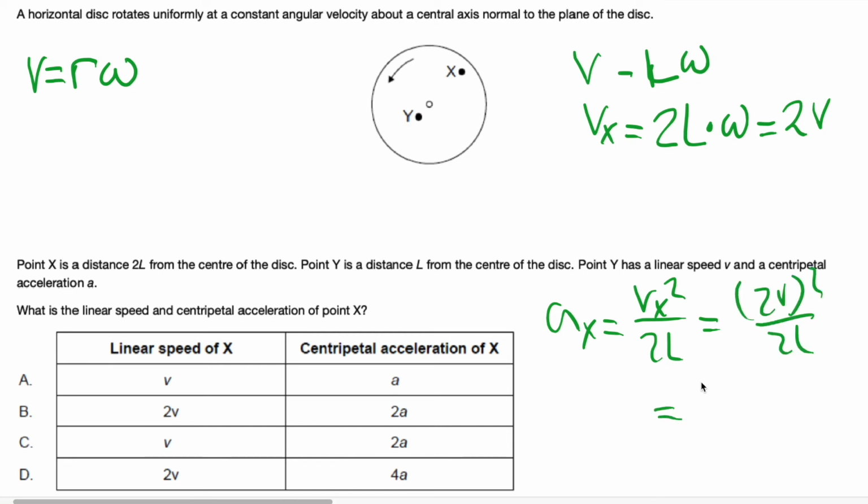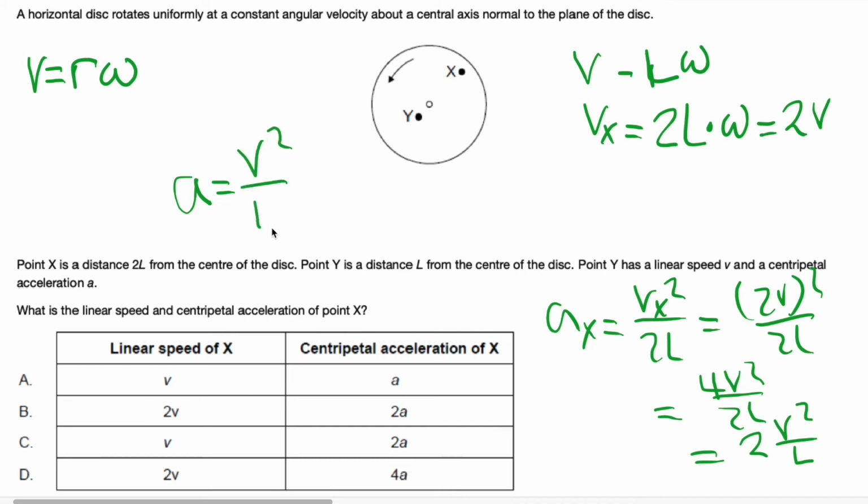So it's going to be equal to 4v squared divided by 2L, which is equal to 2v squared over L. And the centripetal acceleration at point y is just equal to v squared over L. So x is also equal to 2 times the centripetal acceleration of y. So B is the correct answer.